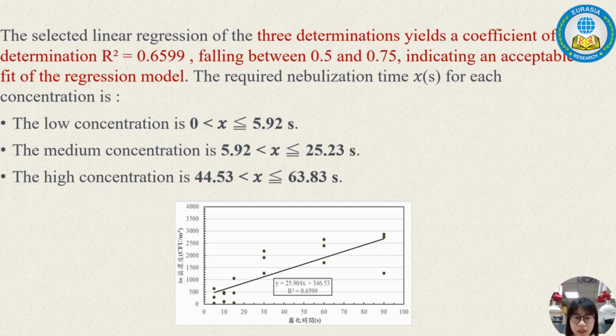The medium concentration is greater than 5.92 and less than or equal to 25.23 seconds. The high concentration is 44.55 to 63 seconds.